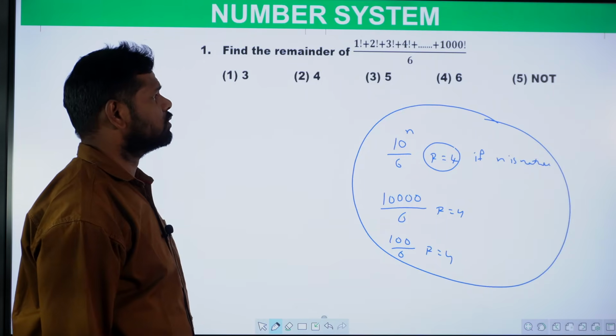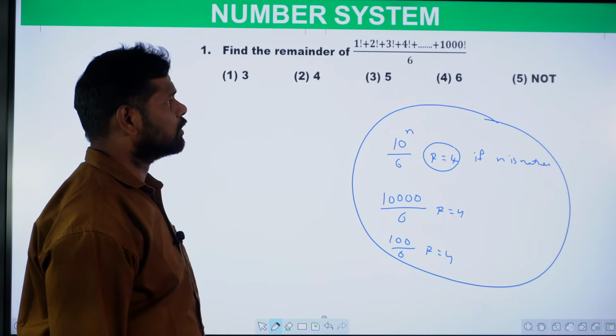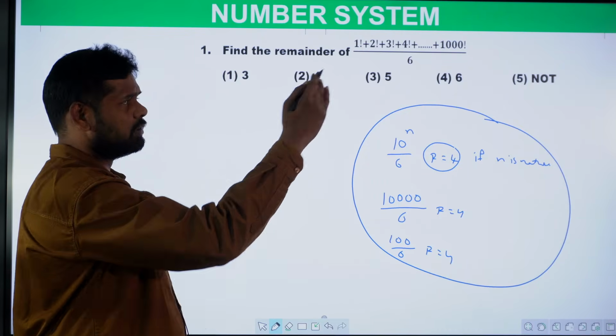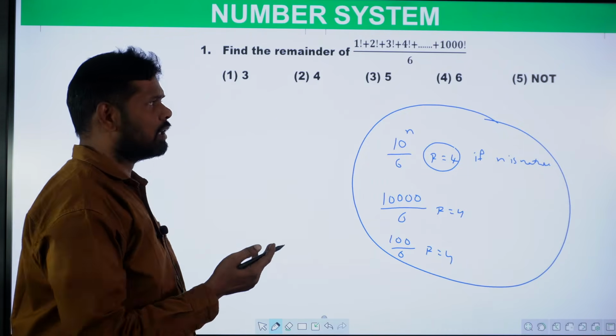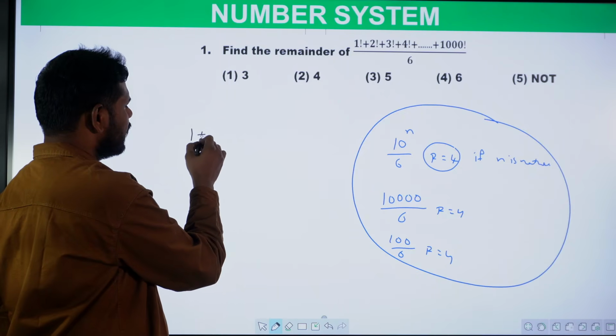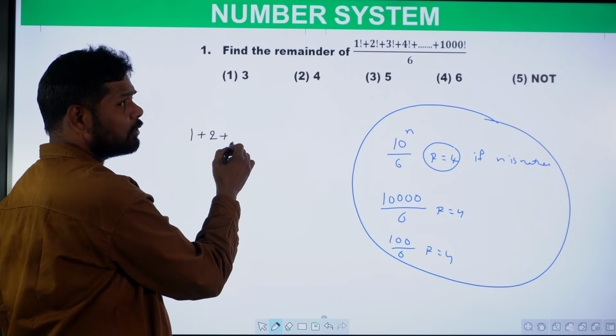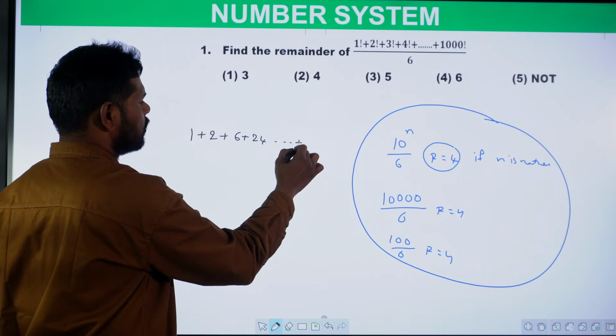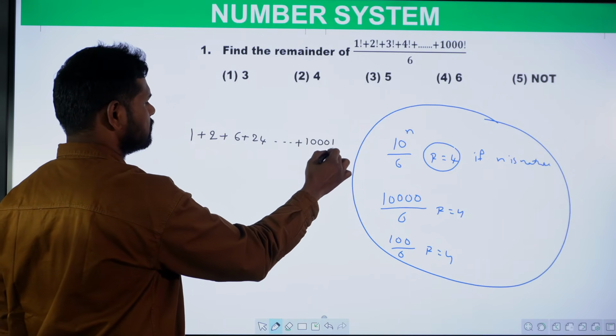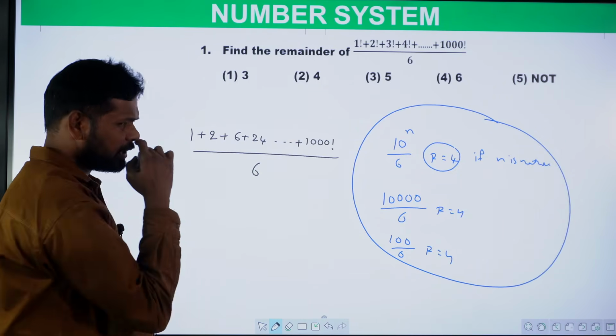1 factorial plus 2 factorial plus 3 factorial plus 4 factorial and so on up to 1000 factorial is divided by 6. What is the remainder? 1 factorial is 1, 2 factorial is 2, 3 factorial is 6, 4 factorial is 24.